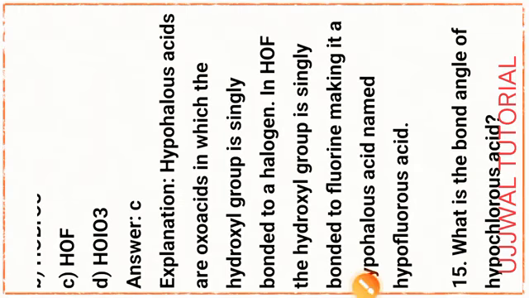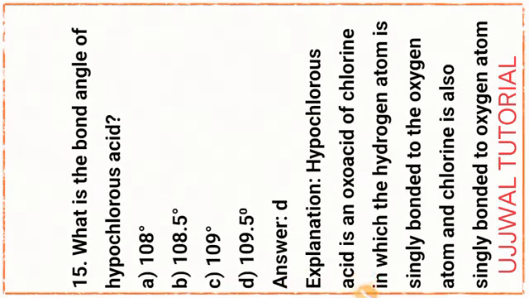Okay, next question, question number 15. What is the bond angle of hypochlorous acid? That is option D, 109.5 degree.